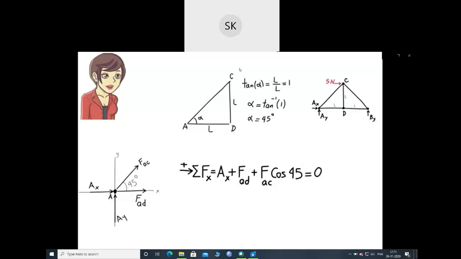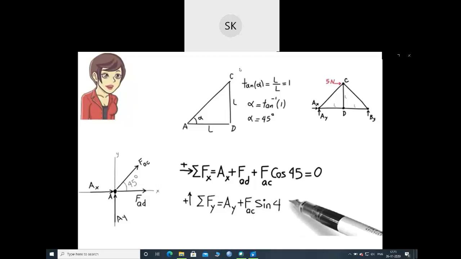And the sum of the forces in the y direction equals AY plus FAC sine 45 equals 0. Note that we have 4 unknown forces, but only 2 equations here. It is not possible to find these unknowns yet. Let's number these equations 1 and 2. We need to repeat this formulation for the other joints as well.